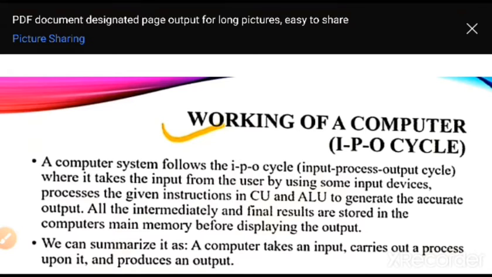Then the computer first processes it, and after processing, the results are generated, and the generated results are called output. Is it clear?